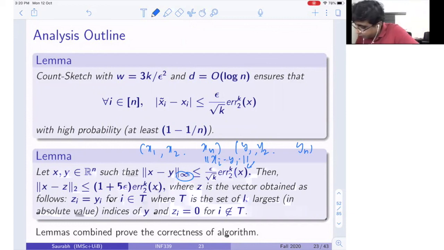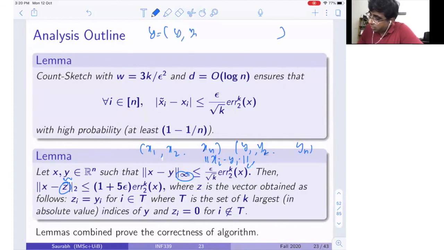And you should think of this y, okay, I will tell you how to construct this z given this y. How do I construct this z? Look, let y be this vector y1, y2, yn, and let T be the k largest in absolute value coordinates, okay?